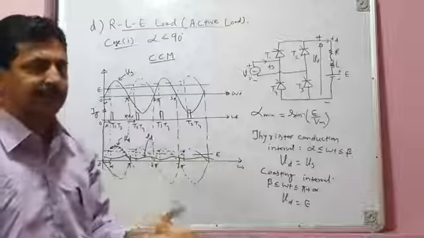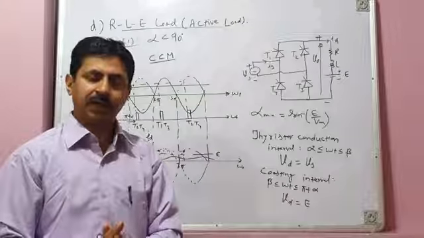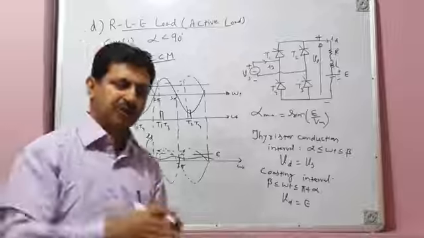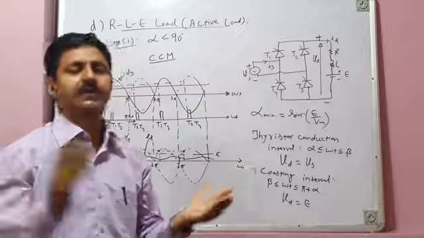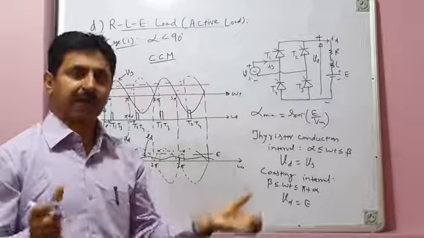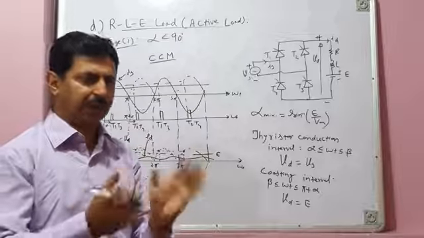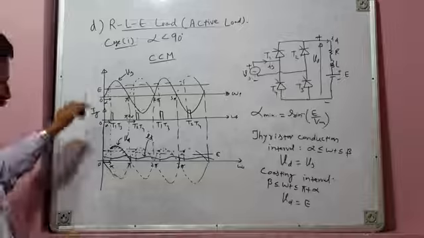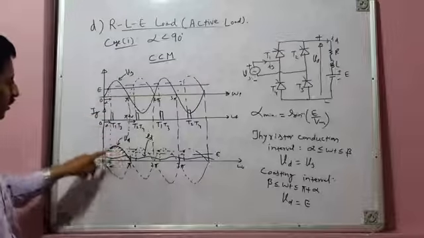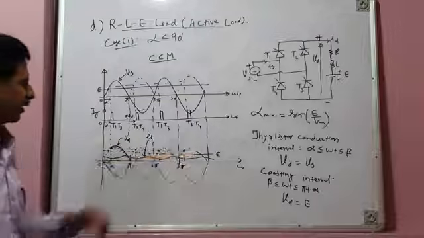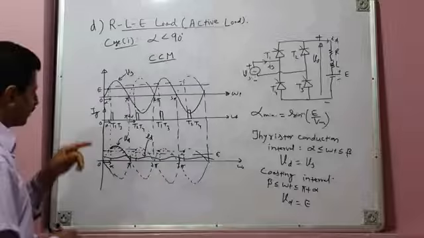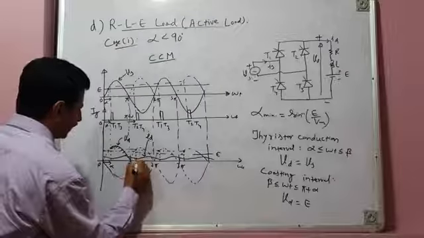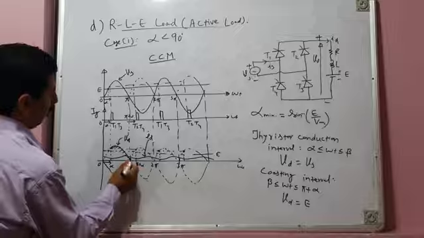You know what are the reasons for making load current continuous. Alpha may be small, E may be small, load inductance may be high, load current may be large, and so on, or a combination of many of these causes. So these causes, or a combination of these causes, has already made load current continuous. Now what happens from pi to the next instant of firing, pi plus alpha?